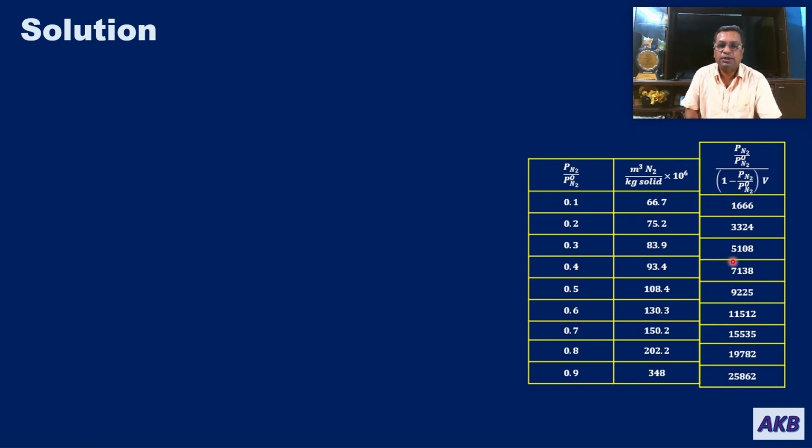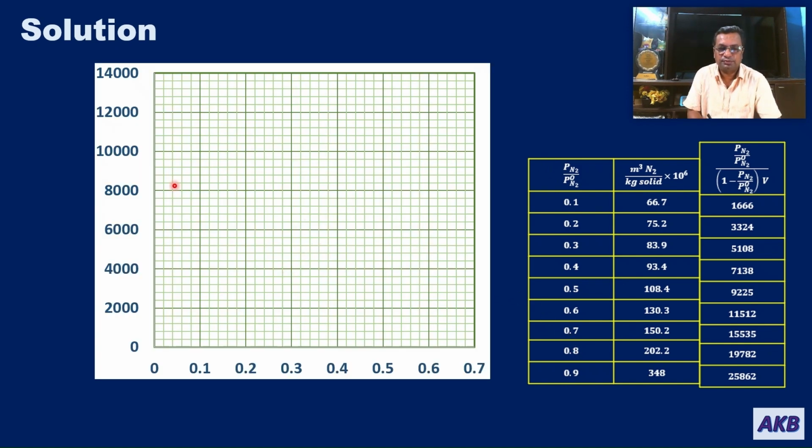So we will be plotting these values on the y-axis and these values on the x-axis. On the x-axis, we are going to plot Pn2 by Pn2 naught, and on the y-axis, we are going to plot Pn2 by Pn2 naught divided by (1 minus Pn2 by Pn2 naught) into V. So if I plot, I'm going to get this curve.